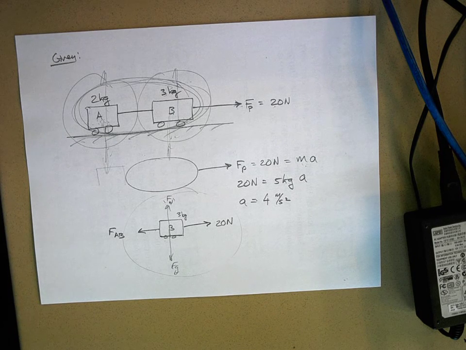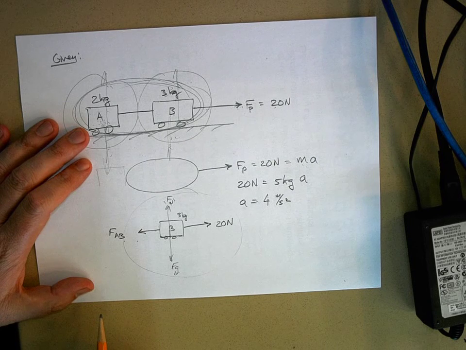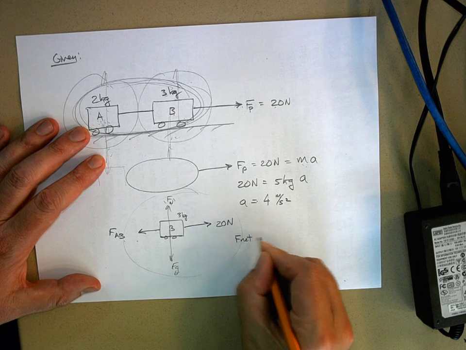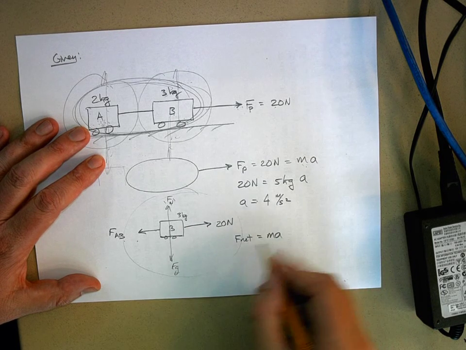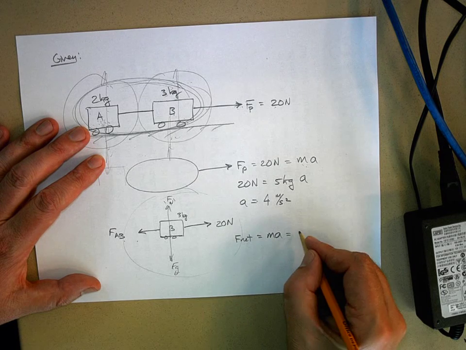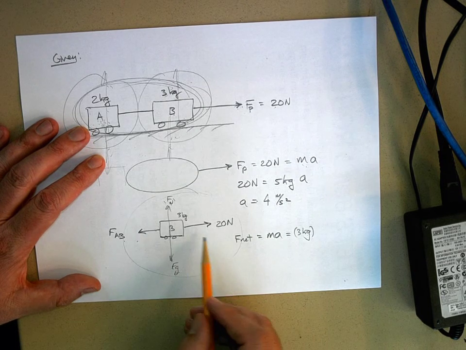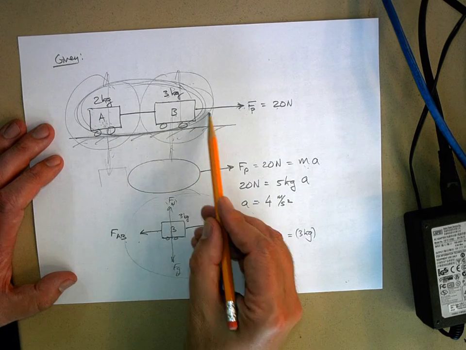So, can we figure out what this force is? Well, I know that the net force is equal to MA. I know the mass is 3 kilograms. And I know what the acceleration has to be, because I'm pulling 5 kilograms with 20 newtons of force.